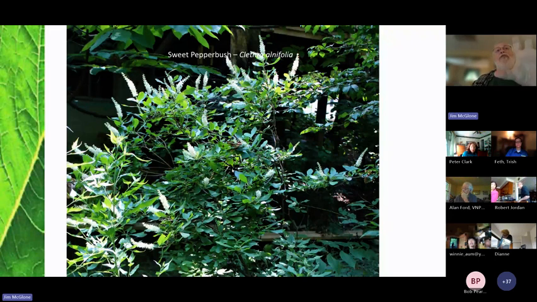If you don't have a space for a big shrub, there is a cultivar of this called Hummingbird. And the difference is, because I've got a Hummingbird in the front yard and a straight species in the backyard, the only difference between the two plants is the length of the internodes.